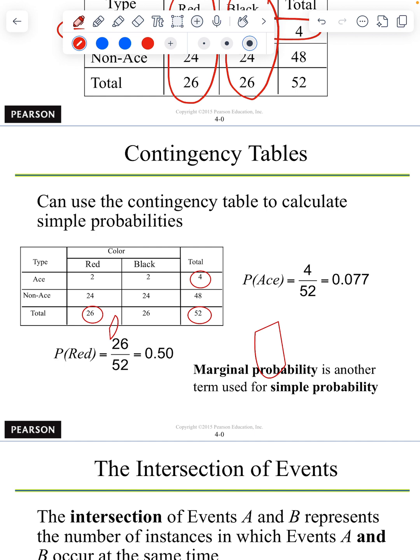So 4 out of 52 cards are going to be an ace, so the probability of that is 0.077. What is the probability that I'm going to have a red card? Well, there are 26 red cards in a deck, so the alternative is black. So basically, I have a 50% chance that my card will be black.